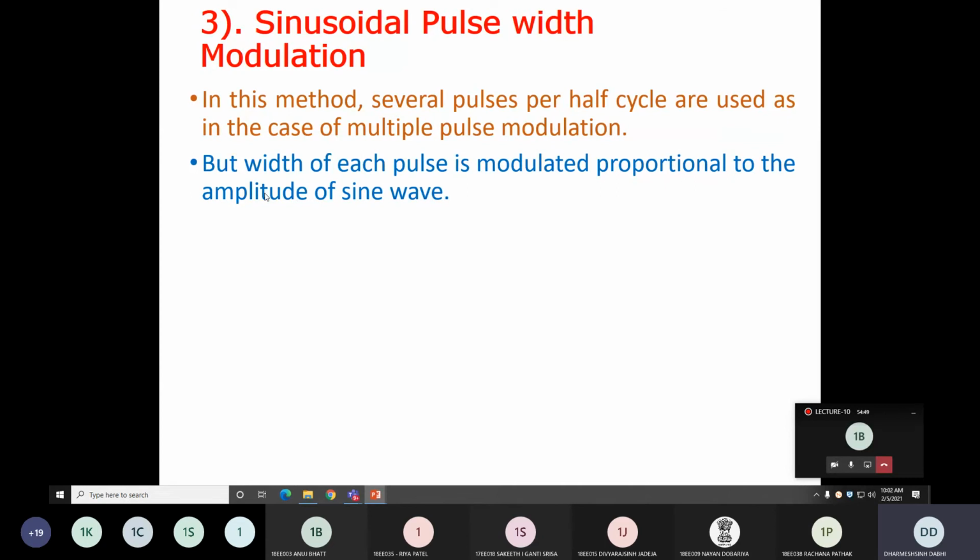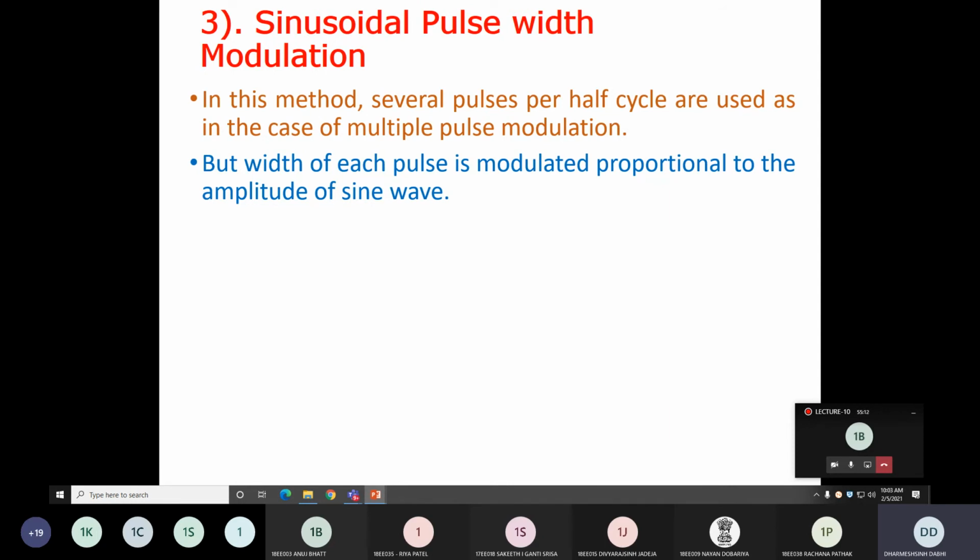So what is the meaning of this sentence? In a sine wave, the magnitude increases from 0 to 90 degrees, reaching the peak value at 90 degrees. Then from 90 to 180, the magnitude reduces.